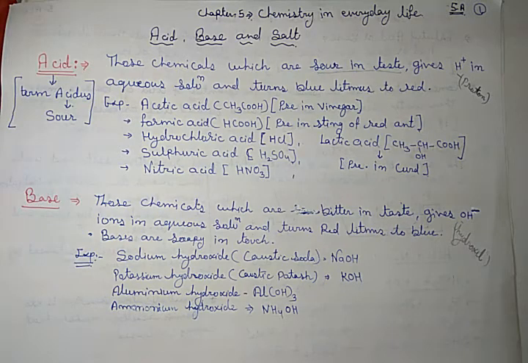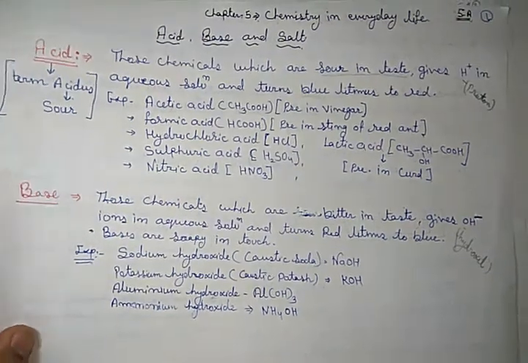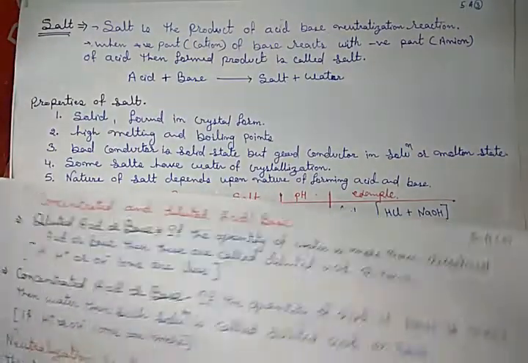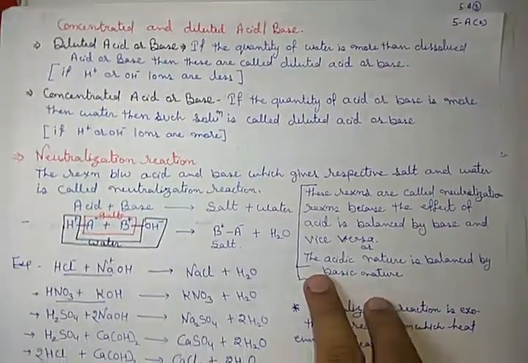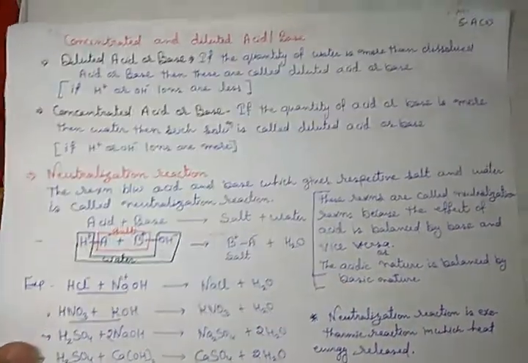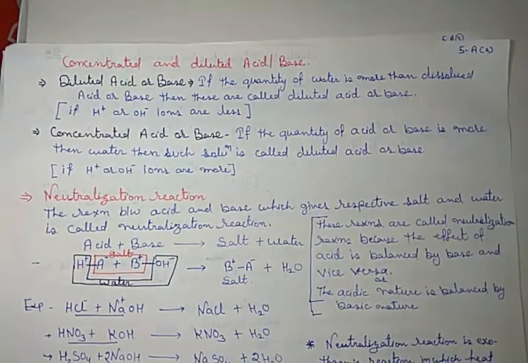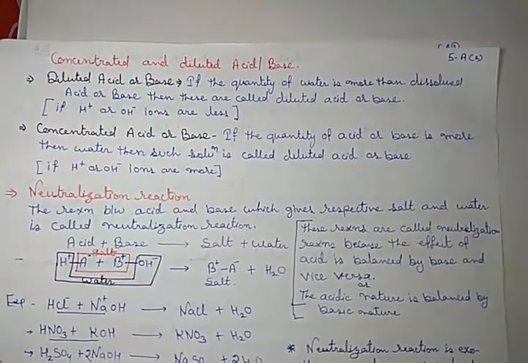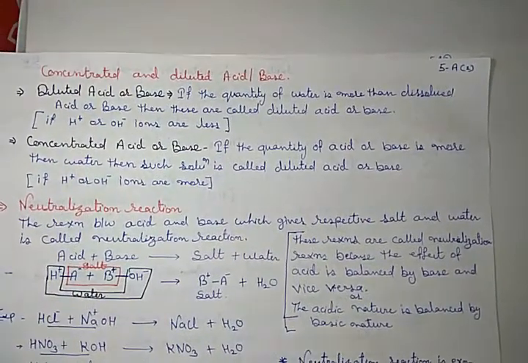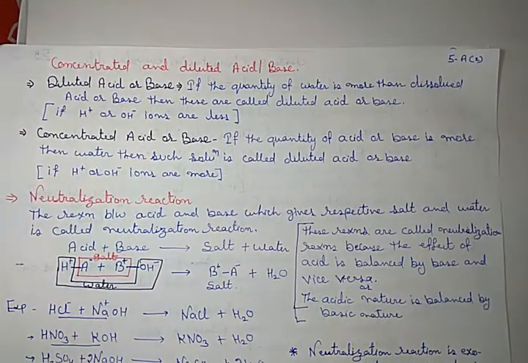There are lots of other bases and acids we will discuss in the next videos. Okay. Now let's come to another topic, which is concentrated and diluted acid and base. Concentrated and diluted are relative, comparative terms.